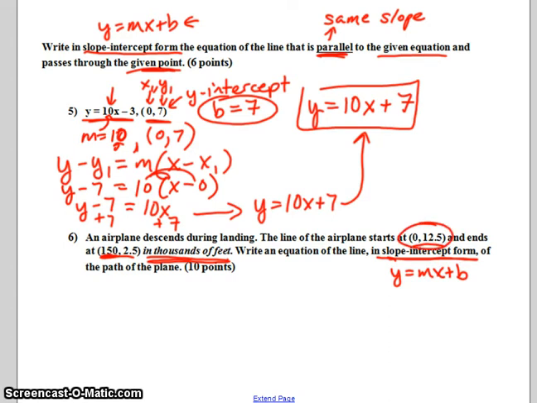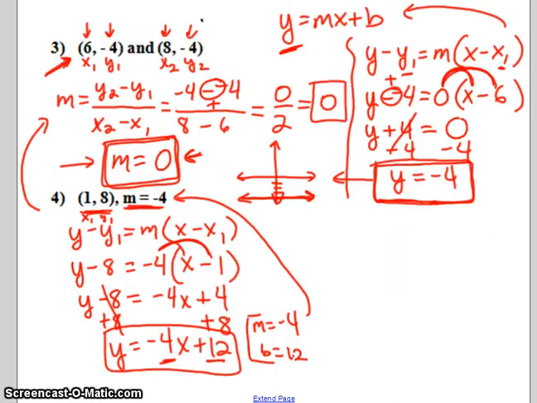We have 2 points, and we have to get y equals mx plus b. We don't have a slope, so again, we're kind of like number 3, where we have 2 points and no slope. So we have to find the slope and then plug in the points. We have to do a little work here.